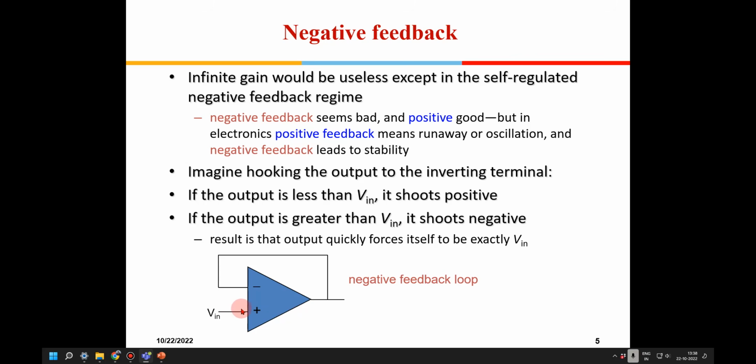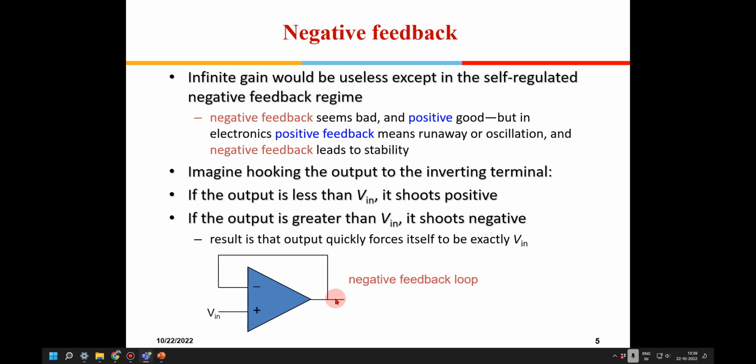Initially it was 0 here, 1 millivolt into 10,000 or 20,000, so it will start going up, but the moment the output comes to 1 millivolt, and I have 1 millivolt here, it won't amplify any further. So this will get stabilized when V out is equal to V in, because feedback is given like this. Whatever is the V in variation, the same thing I will get out here. So this is known as unity gain, because the gain is 1. This is known as negative feedback.